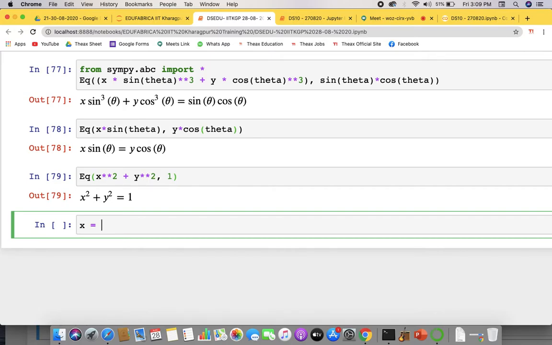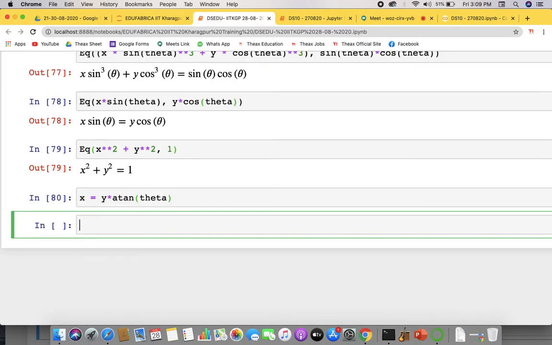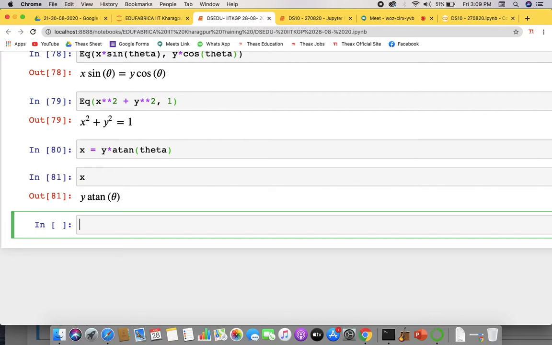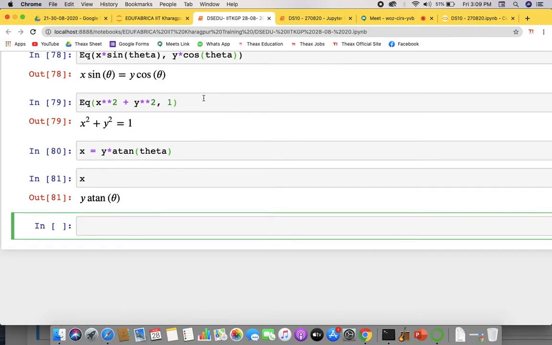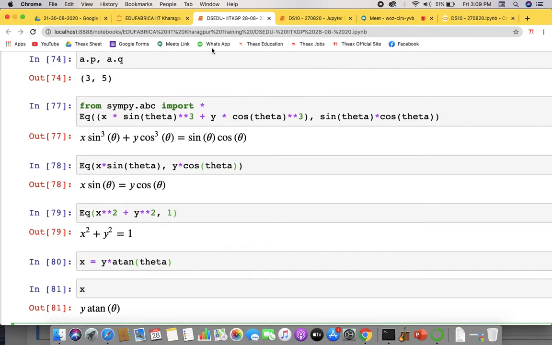That is, x is y into cot theta. So this is the value of x. We can put it in equation 1 and find accordingly. Let's see if we get the solution or not.